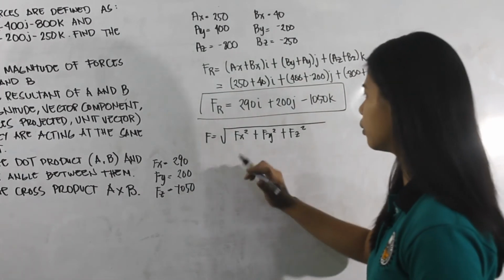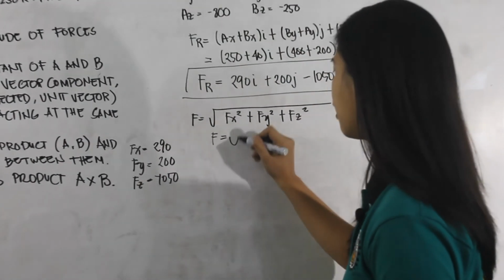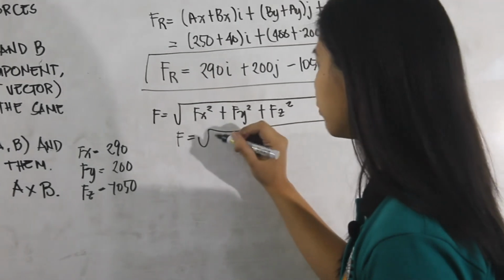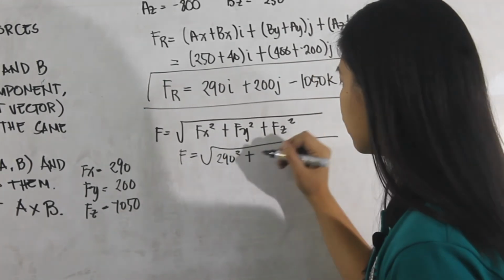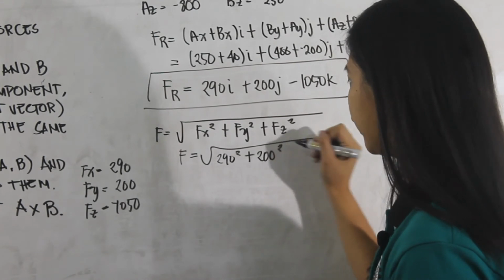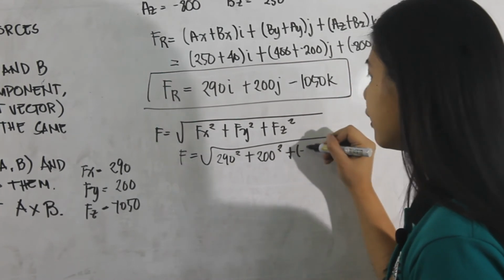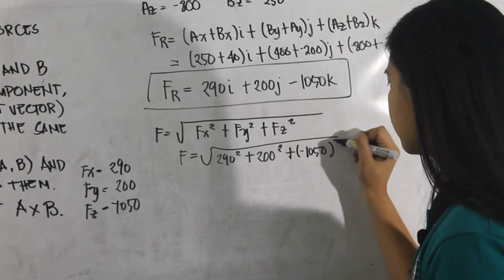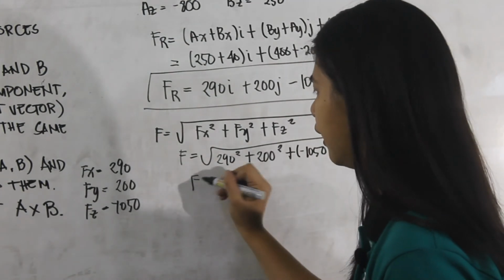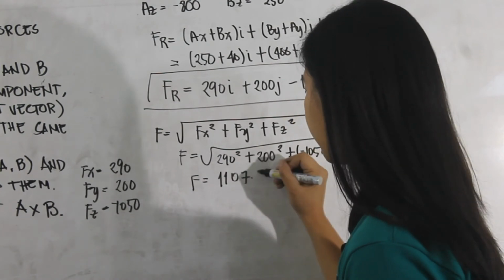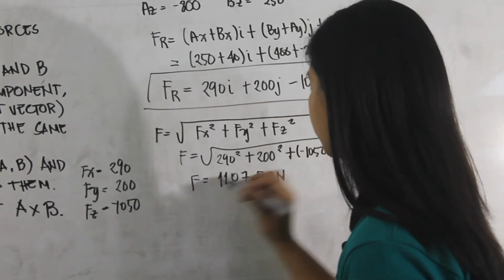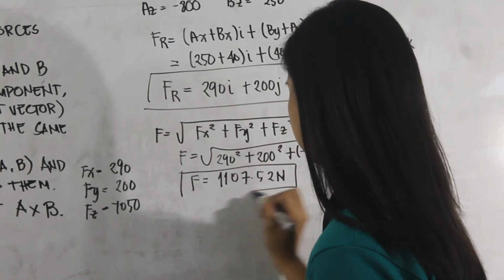Just substitute the given to the equation. Now we have the square root of 290 squared plus 200 squared plus negative 1050 squared. And our answer will be 1107.52 Newton.